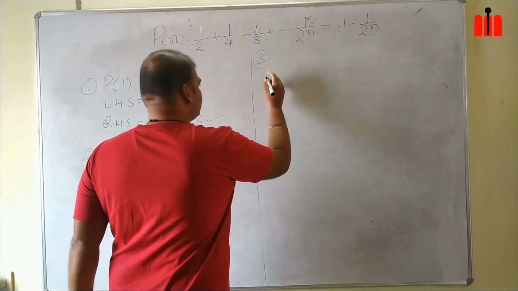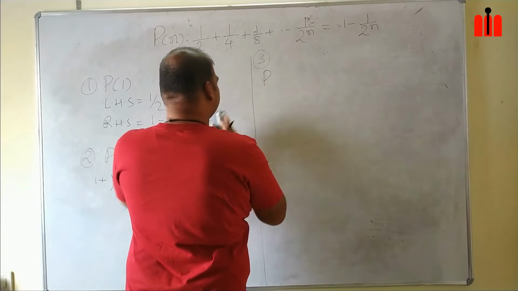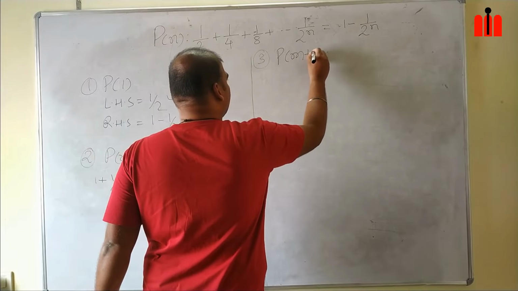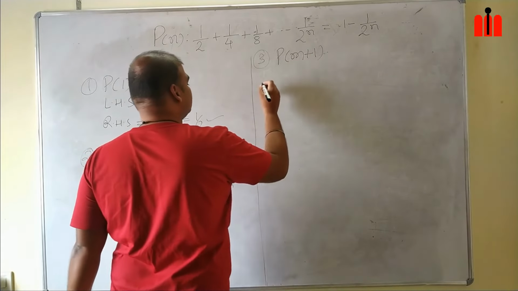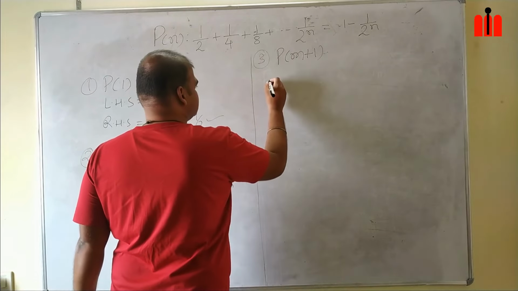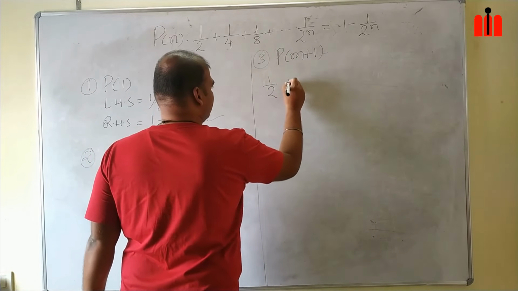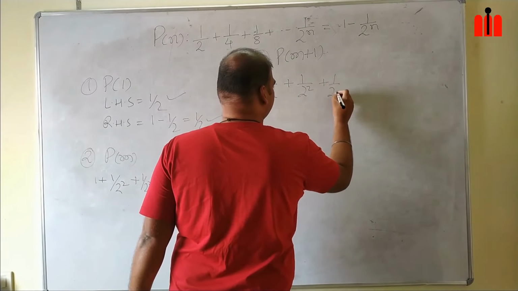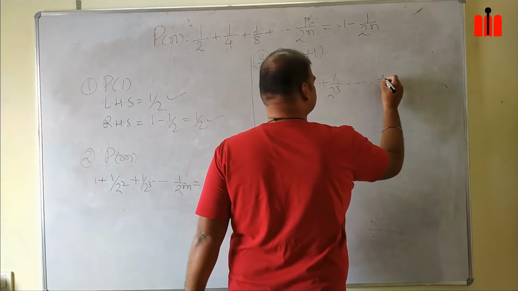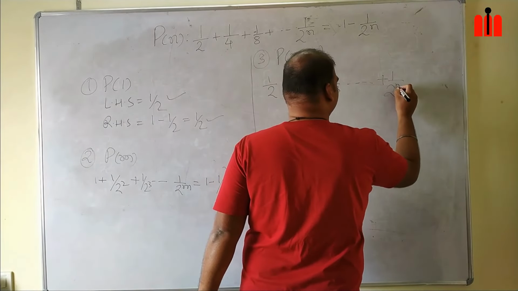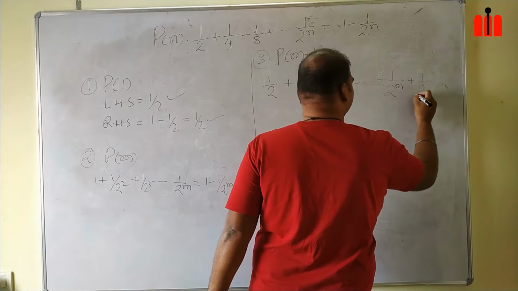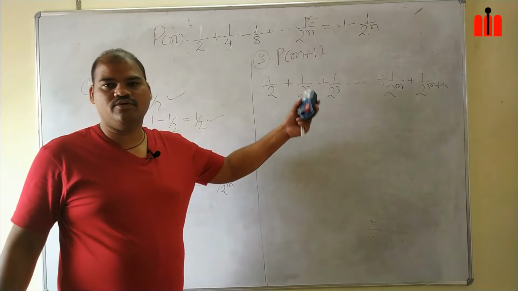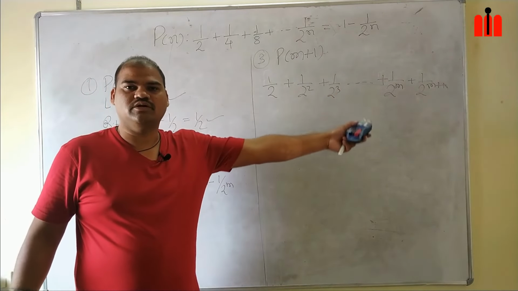Third, the induction step for P(m+1). Now let's write my LHS. LHS will be 1/2 + 1/2² + 1/2³ up to 1/2^m + 1/2^(m+1).